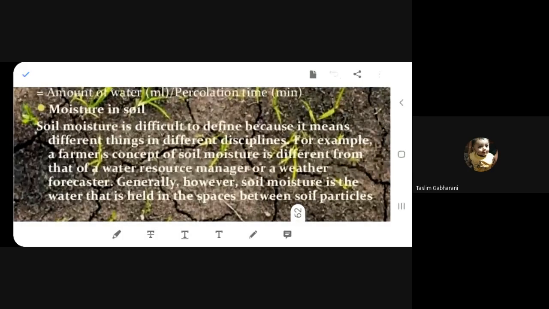For example, that of a water resource manager or a weather forecaster generally. However, soil moisture is the water that is held in the spaces between soil particles. You really have to work hard.